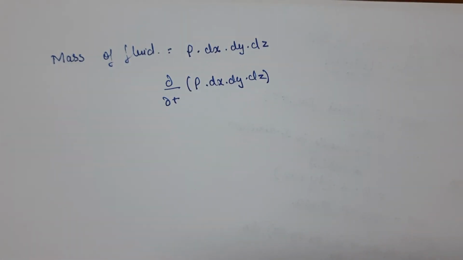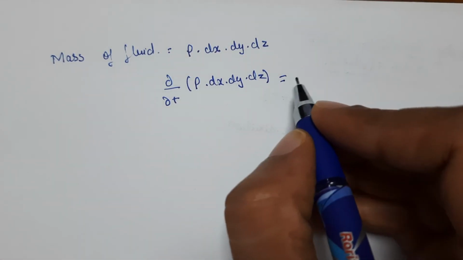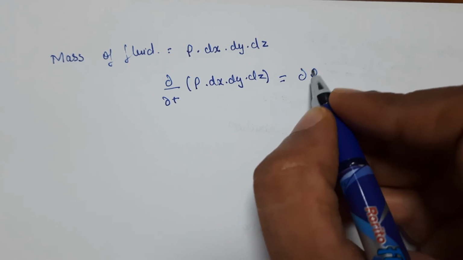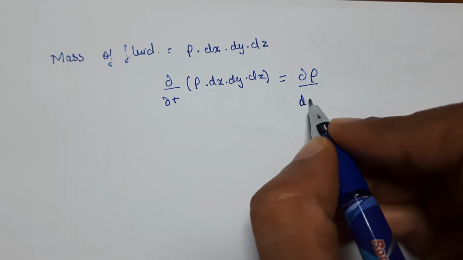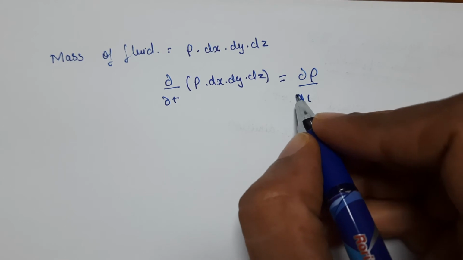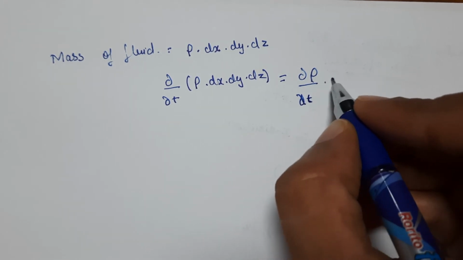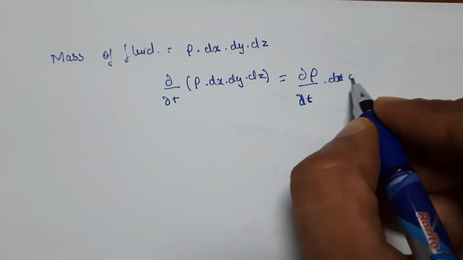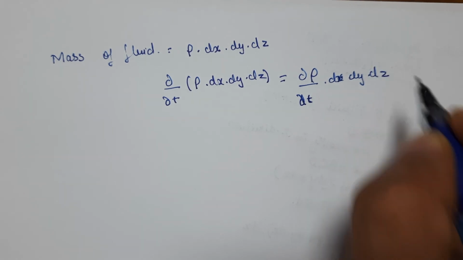can be written as ∂ρ/∂t into dx dy and dz.